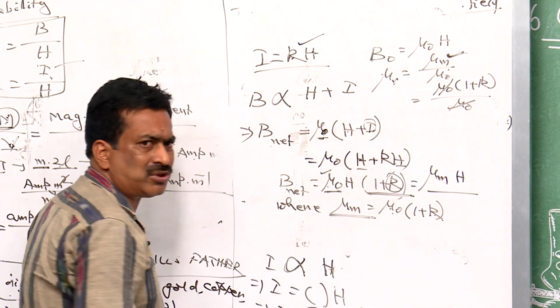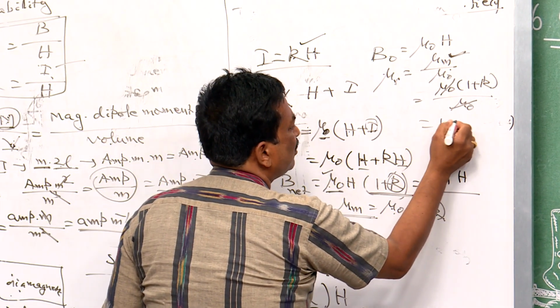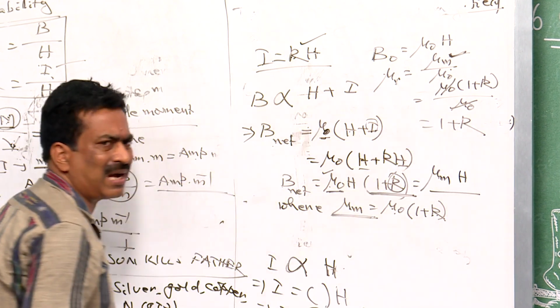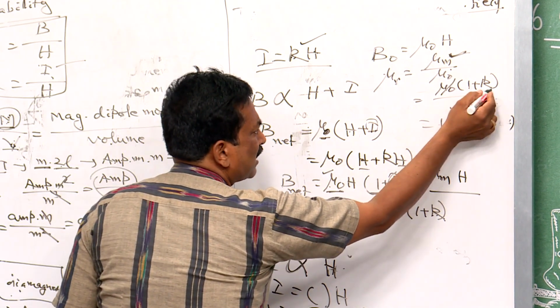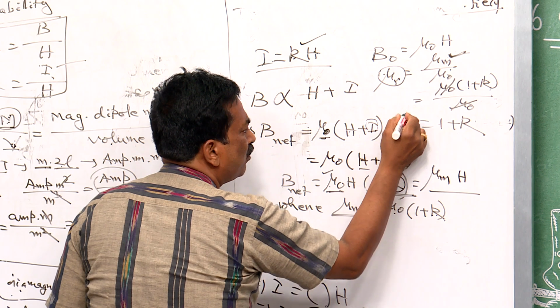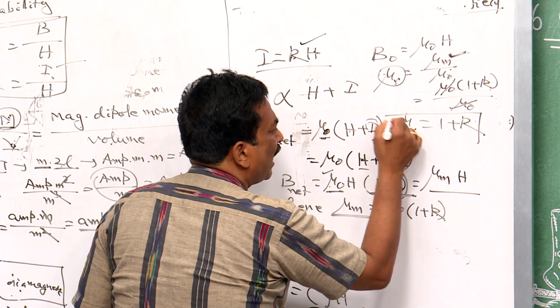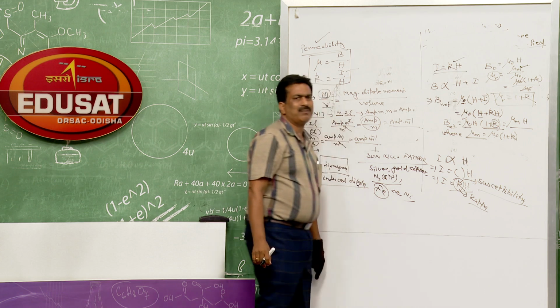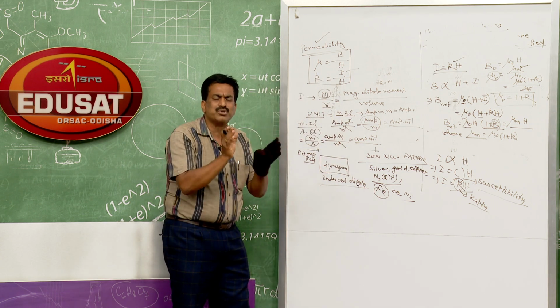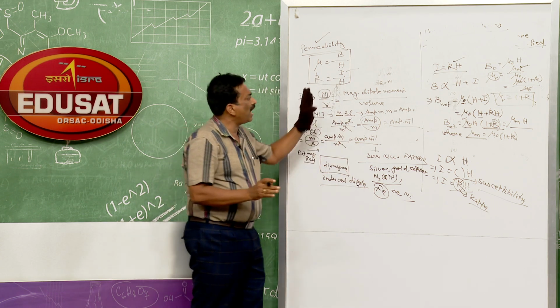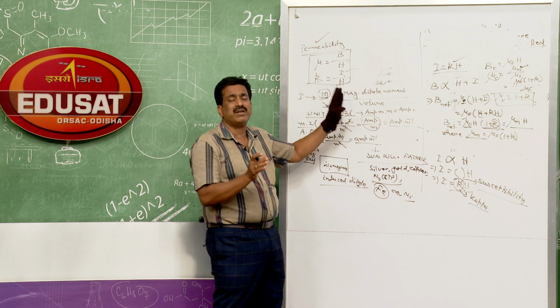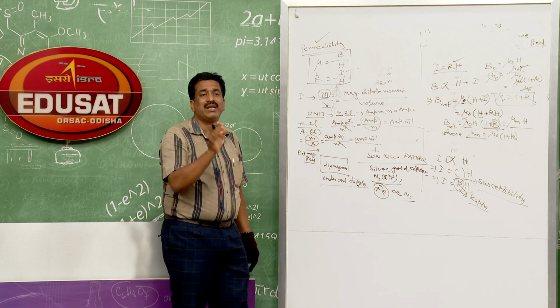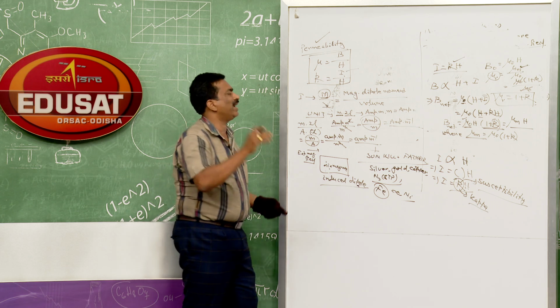This mu 0 will cancel, so that is equal to 1 plus kappa. So 1 plus kappa is equal to mu r. So mu r is equal to 1 plus kappa. This is the most important relation, and that will lead to distinguishing the diamagnetic, paramagnetic and ferromagnetic.